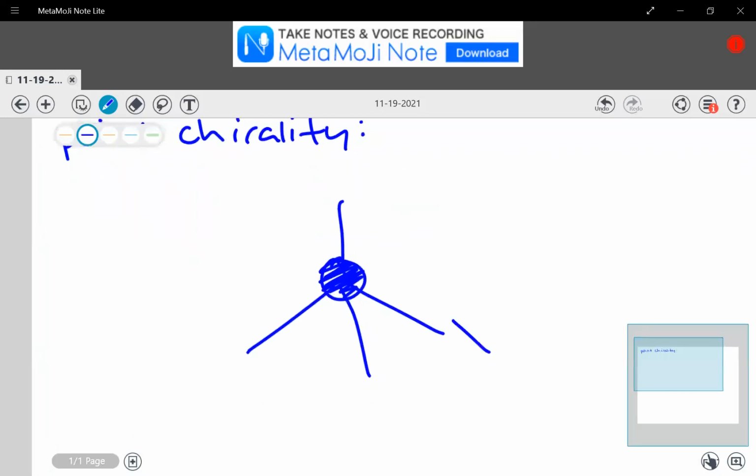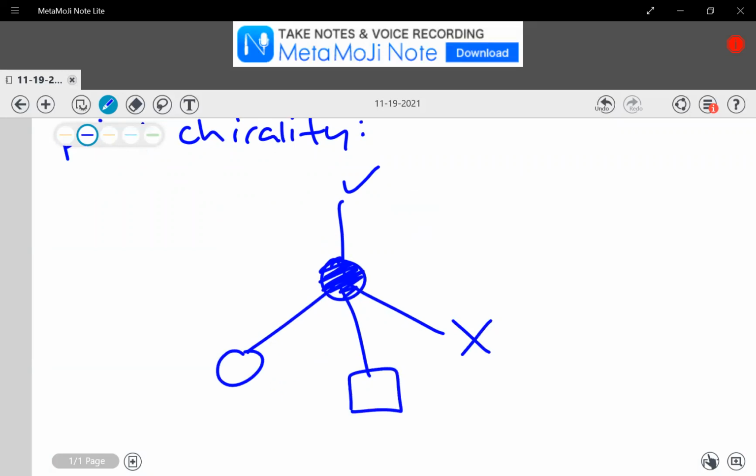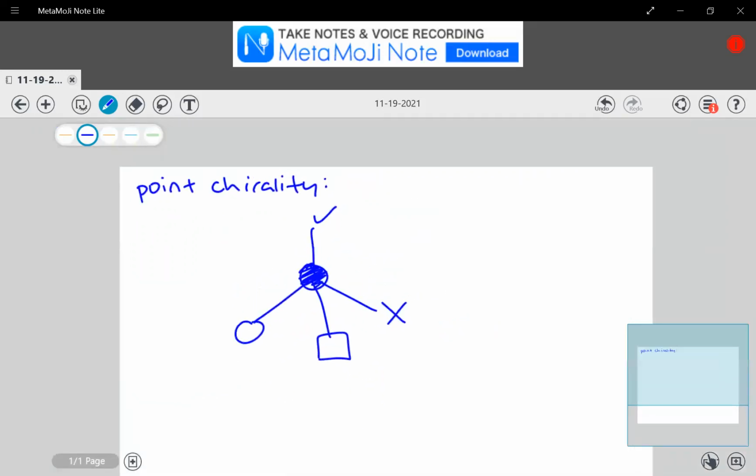We're just going to draw them as an X, check, circle, and square. Point chirality. That's it. The atom is chiral. It's tetrahedral and is attached to 4 different substituents, 4 different stuff.